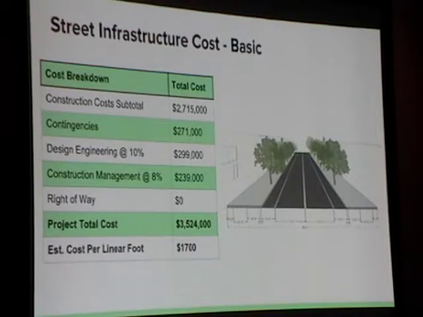And as you can see, we are assuming the right of way is $0 because the city of Maple Valley owns the property for this road. This brings the project total cost to approximately $3,524,000, which makes the cost per linear foot an estimated $1,700.